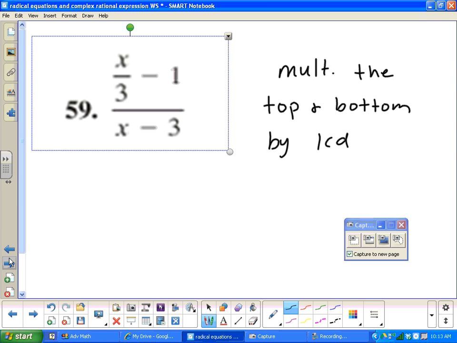Okay, now when we talk about the least common denominator, understand something here. We're not really going to refer to x minus 3 as the denominator. Now x minus 3 is the denominator of the whole thing, isn't it? But when I talk about the least common denominator, what I'm talking about is the denominator of each individual term. Not the whole thing, just each individual term.